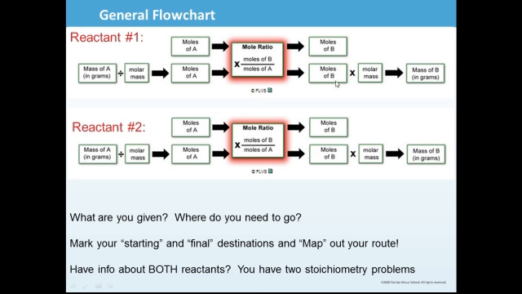You already know how to do the stoichiometry problem, so now it's just a matter of doing it not once, but twice, maybe even 3 times, depending on what the question is asking for. Keep in mind that you're always going to the same final product if you're trying to figure out what is the limiting reactant.